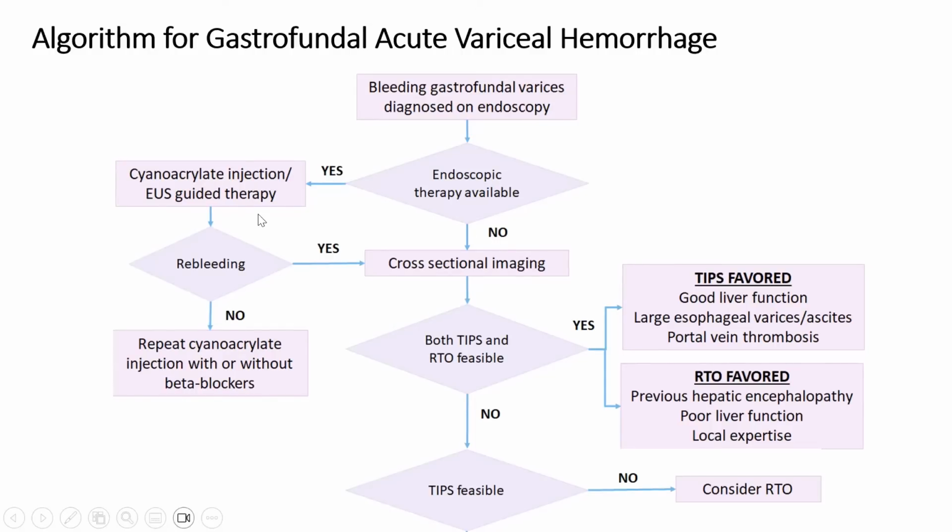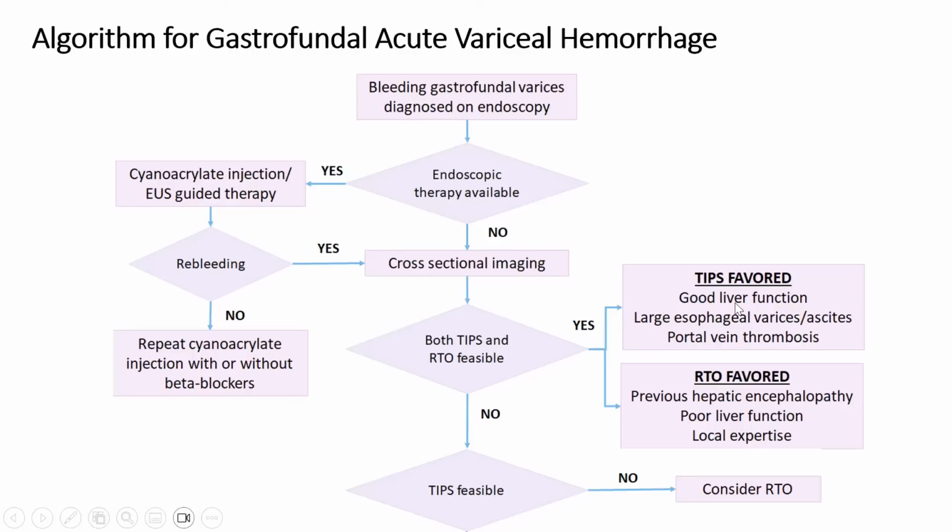But if your endoscopic therapy was successful, you again look for flow in the complex, repeat the same treatment that you did or a combination thereof, and go forward. But let's say there's no endoscopic therapy, you've done that cross-sectional imaging, and you see that both TIPS and RTO are feasible.